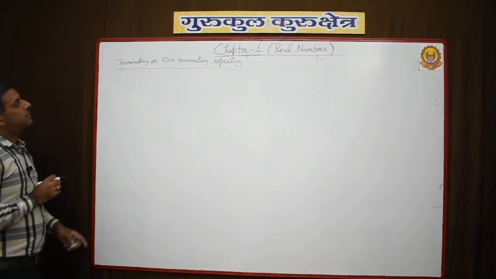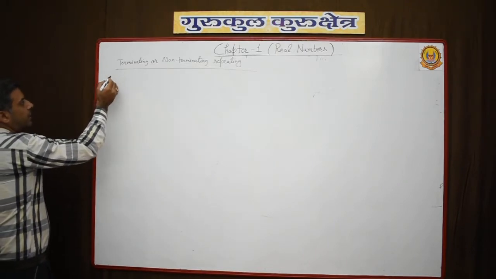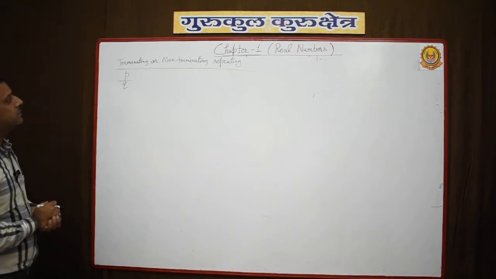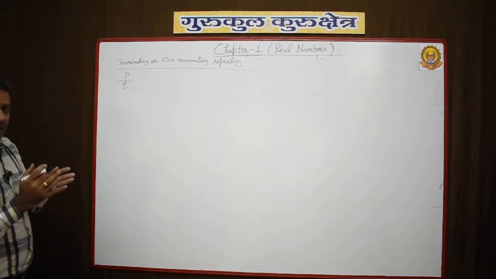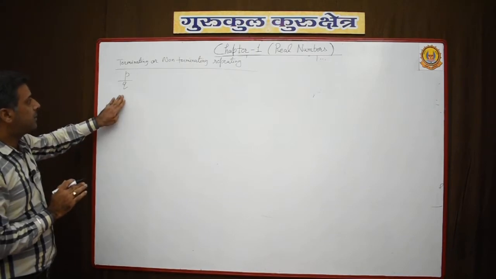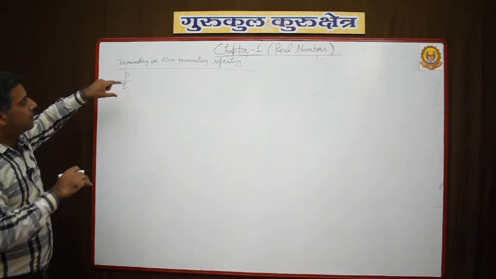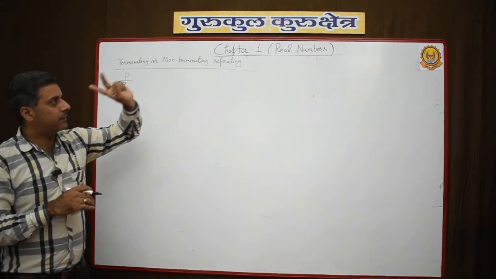For this we need a rational number in the form of p by q. So one rule is there: with the help of prime factorization we can check whether the given number is terminating or non-terminating repeating.